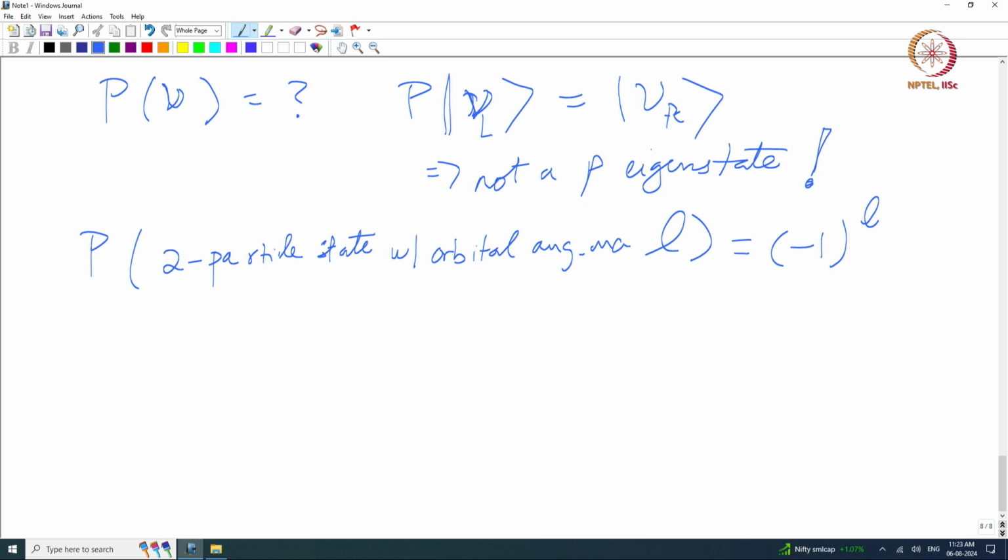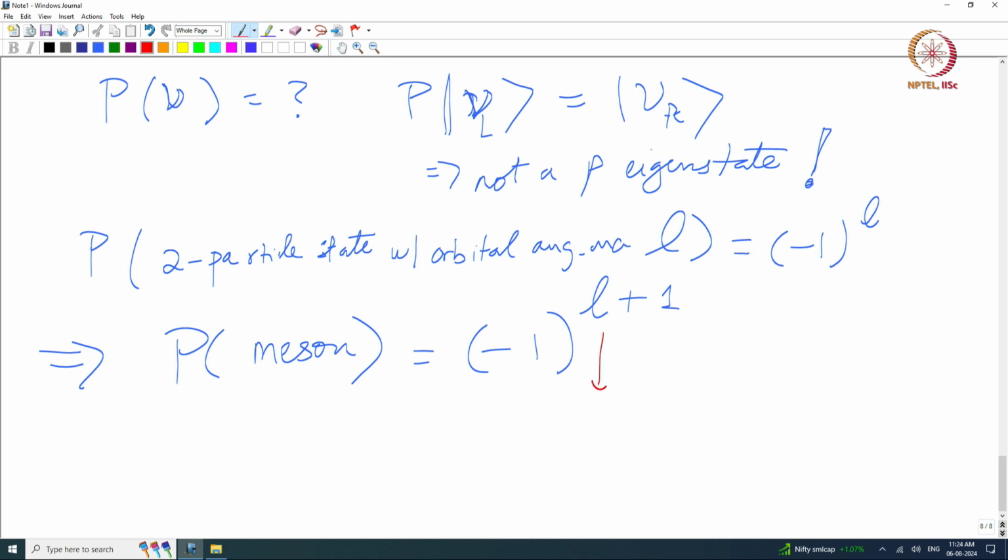With all this in mind, we can now finally write down the intrinsic parity of a meson. I will just give the answer: it is (-1) to the power L plus 1. Why is that?